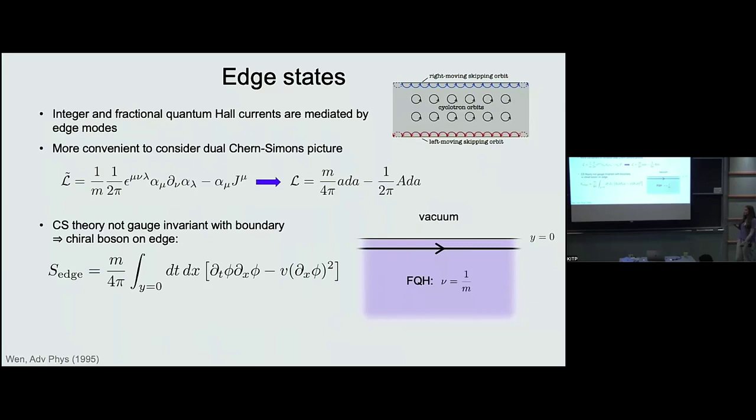And so, the absence of gauge invariance on the boundary means that we have physical propagating degrees of freedom now. And these take the form of some chiral bosons. So you can write down the theory in terms of this phi here with this integer m, which is essentially telling us how much charge is actually being transported along the edge, which is again what gives us that conductance.